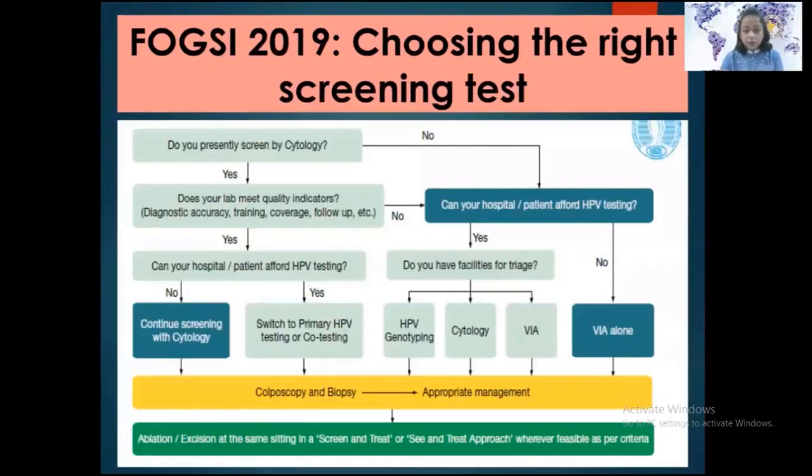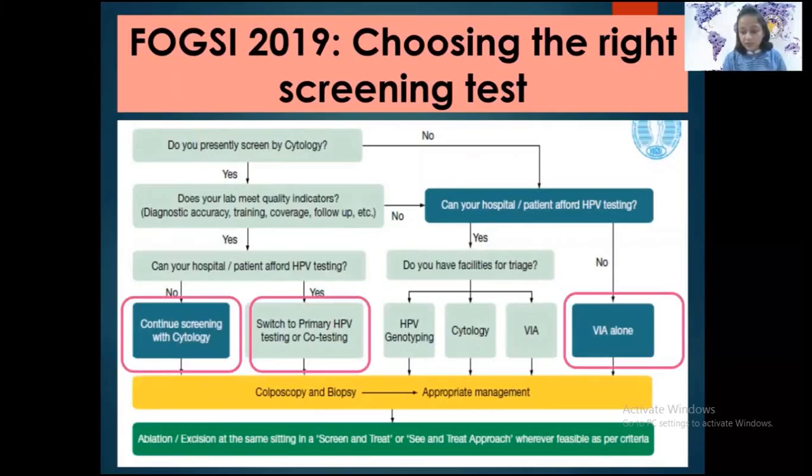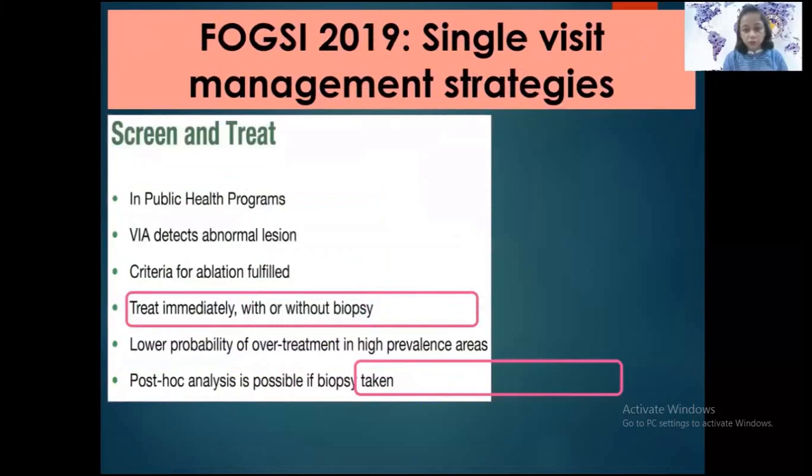And like I said, they are quite flexible, and they say that based on your own available resources, you can decide whether to use cytology as the primary screening modality or primary HPV testing or VIA. And if any of these screening tests comes to be positive, colposcopy and biopsy has to be done and appropriate management has to be chosen.